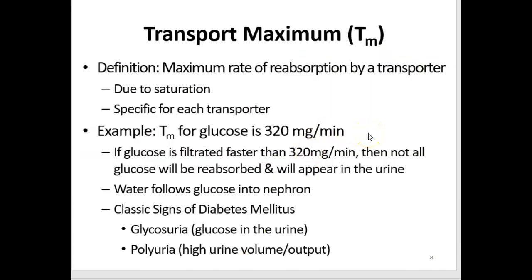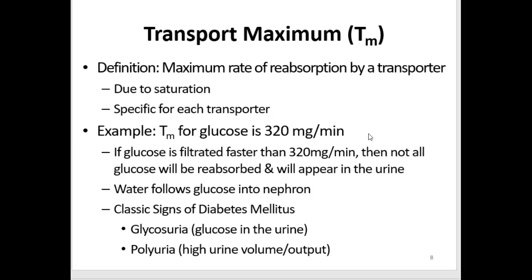A transport maximum, by definition, is the maximum rate at which a substance can be reabsorbed by a particular protein transporter. The reason there's a maximum and reabsorption isn't unlimited is because these transporters are saturated. For glucose, the maximum is 320 milligrams of glucose every minute.